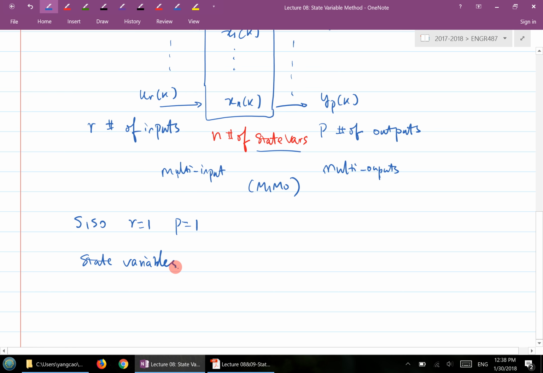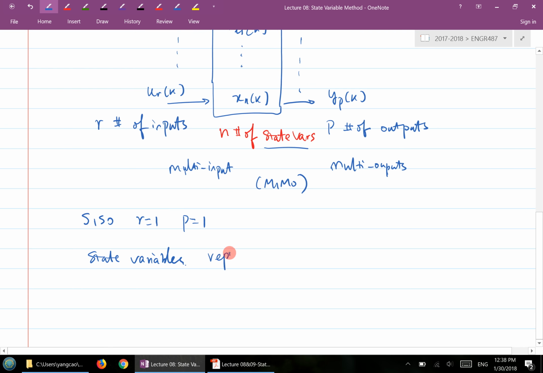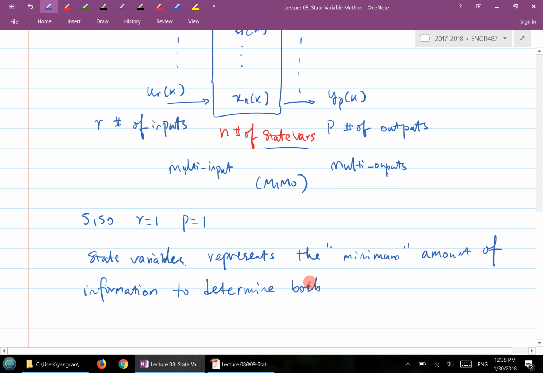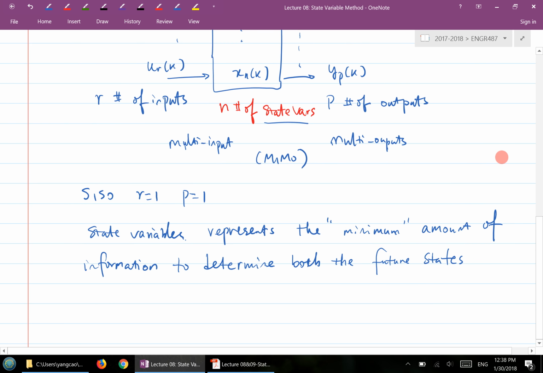So what exactly are the state variables mathematically? The state variables represent the so-called minimum amount of information to determine both the future states and the system output for given input functions.